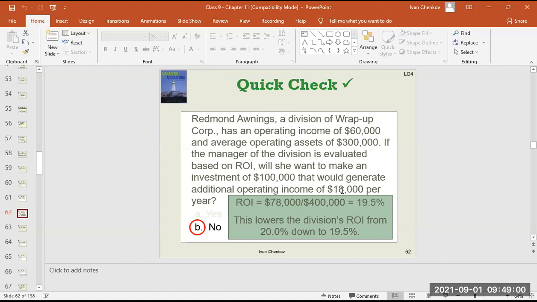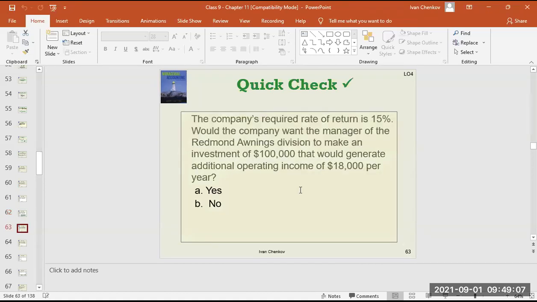Or you can look at the 18% here. So you're definitely not going to invest. However, if the company requires 15% only, in this case, is she going to invest?